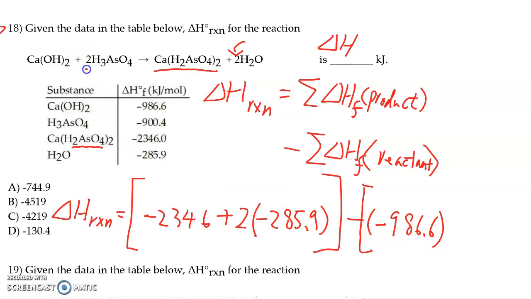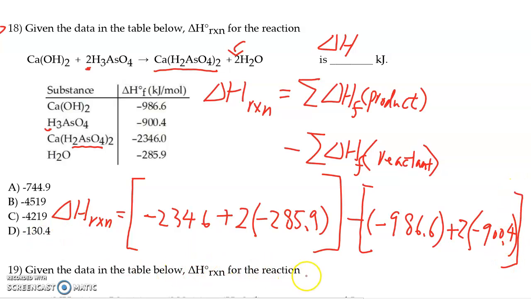The next one has a coefficient 2 over here. Since it is a sum, it must be a plus sign. Be very careful. You have to put parentheses here, otherwise you have to put a minus sign here. Plus 2 times, let's look for this one. It's over here, negative 900.4.